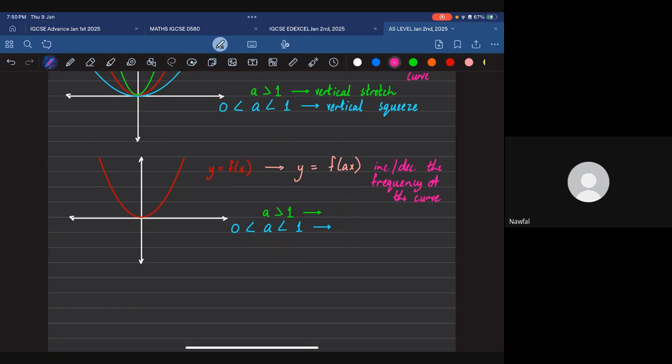Now, Parsa was absolutely right in telling us that when a is greater than 1, there's a horizontal squeeze, because now it's something multiplying with x.